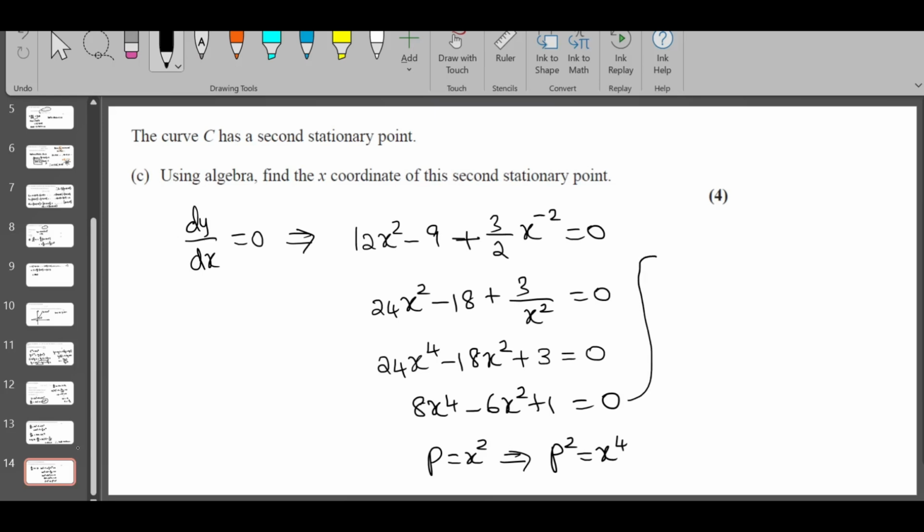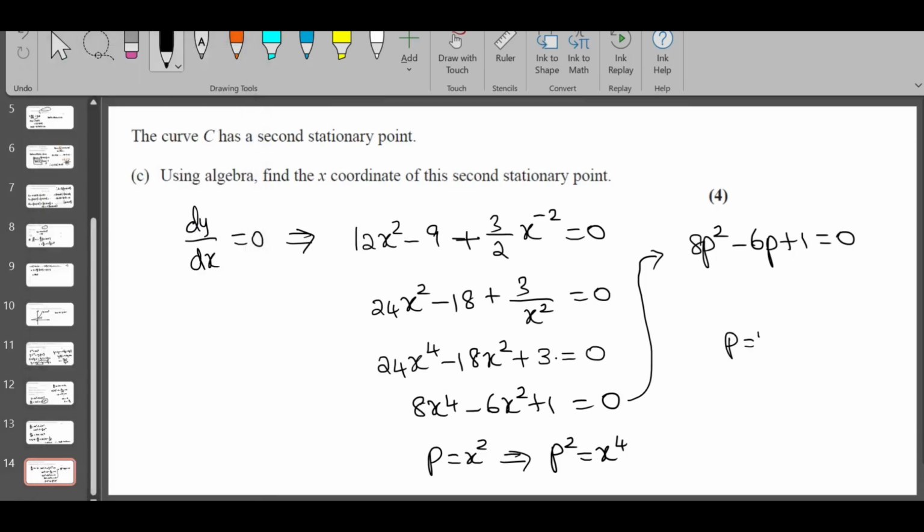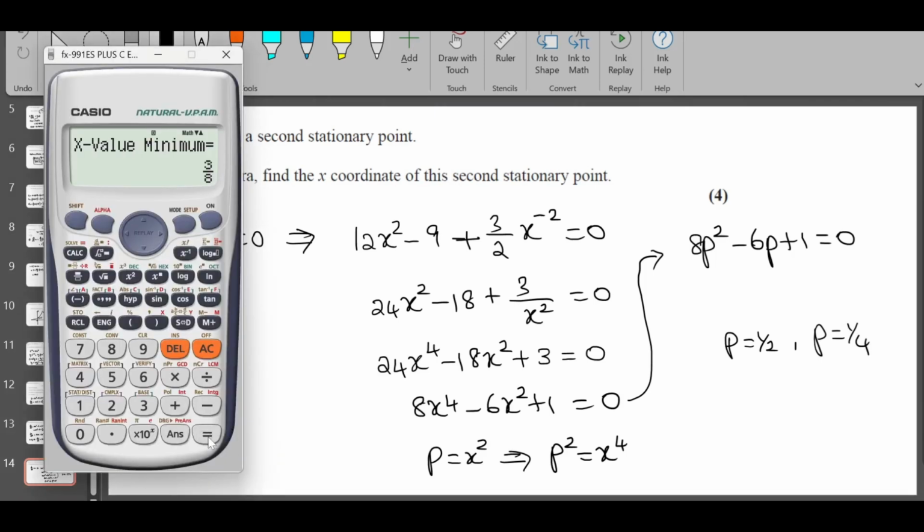So this equation becomes 8p squared minus 6p plus 1 is 0. Solve the quadratic now: p is 1 over 2, p is 1 over 4. Both are positive numbers, right?